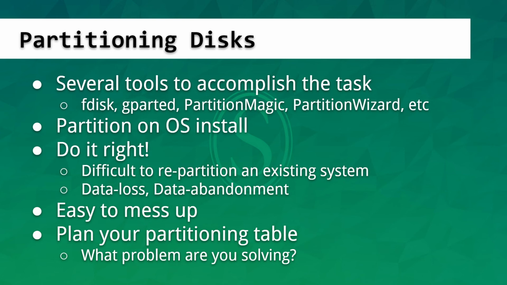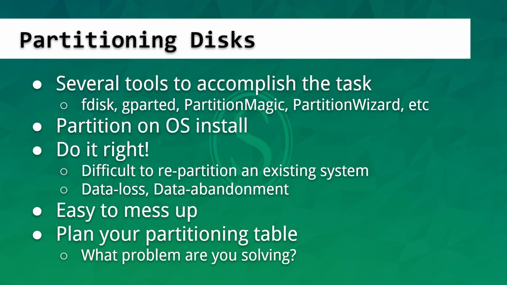My advice is you want to do this right the first time, because doing it wrong and then trying to fix it later is a big pain. You might lose data. You might put data on there and then it might just be abandoned, like you might not be able to get to it anymore, which is effectively data loss. It's really difficult to repartition the system once you've already started using it. And if you screw it up at the beginning, start over.